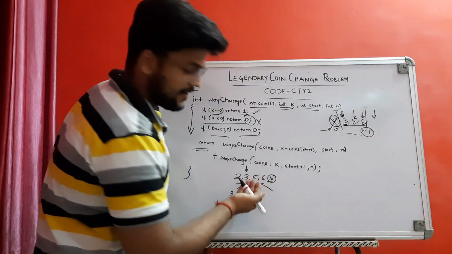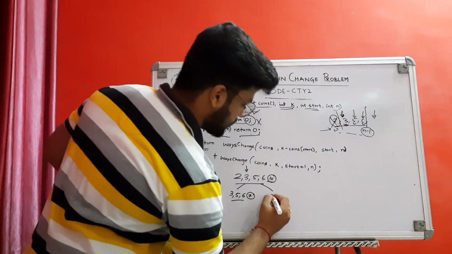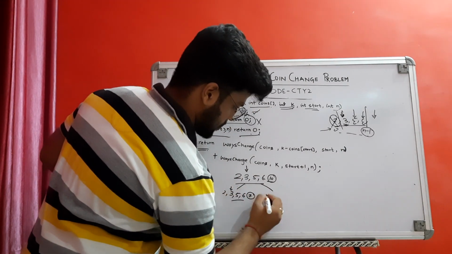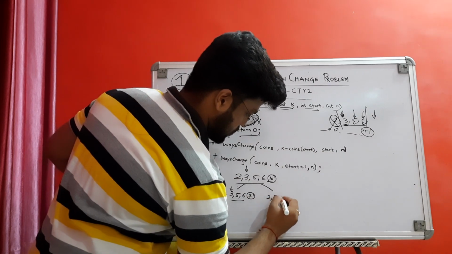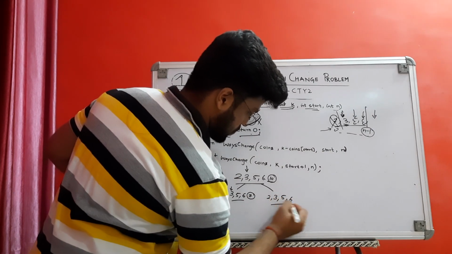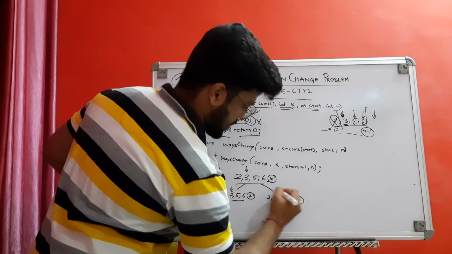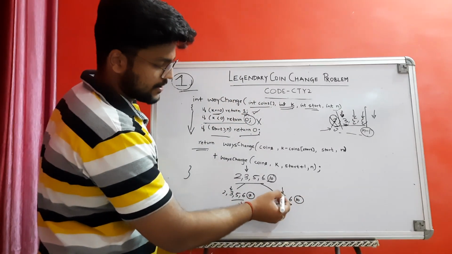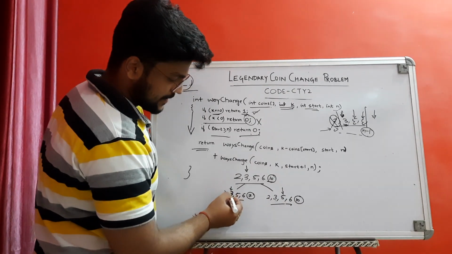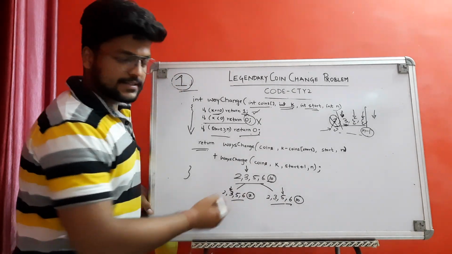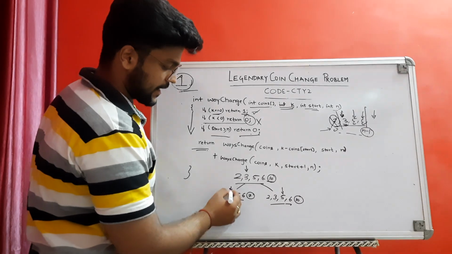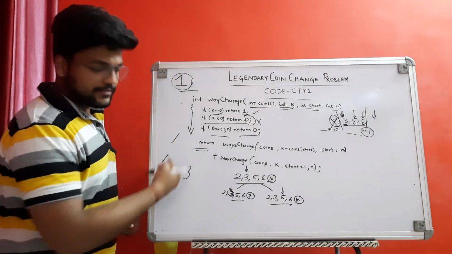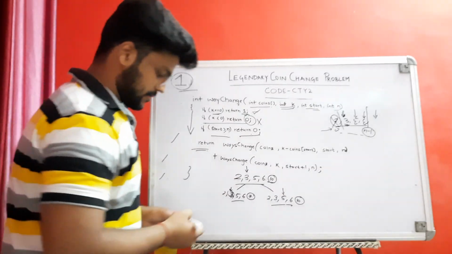And if you leave the 3, then you will increase the start pointer. If you don't want to use 3, just increase the start pointer. If you are using 3, then you don't have to increase the start pointer. Why? Because you can use it again and again. Likewise, I said in the approach, when we are using 2 again and again.